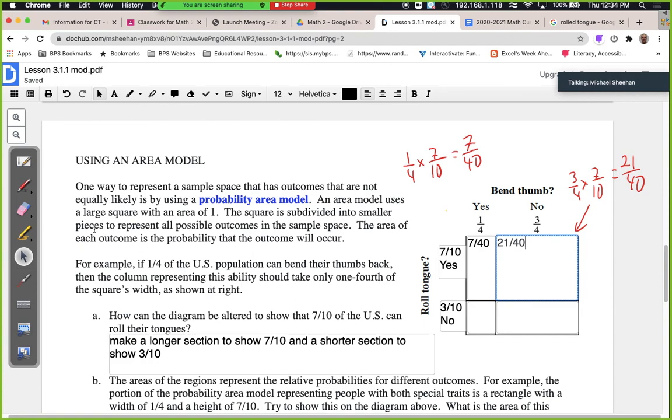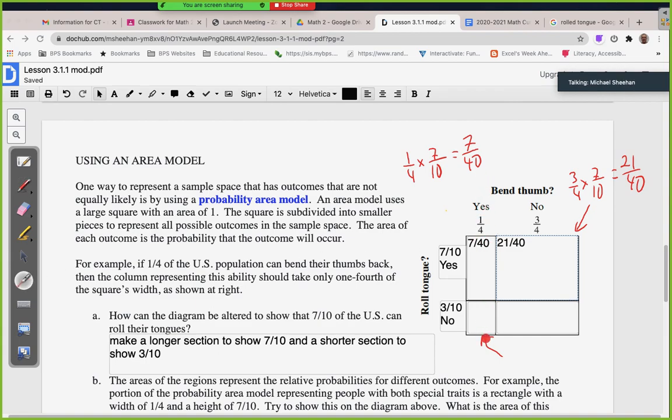And now, Dio, what two fractions am I going to multiply to get this number? The fractions that are on the side. Yeah. So what fractions? Okay, close. But so I'm in this section.